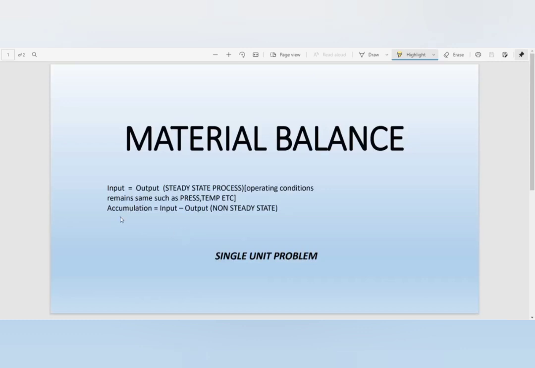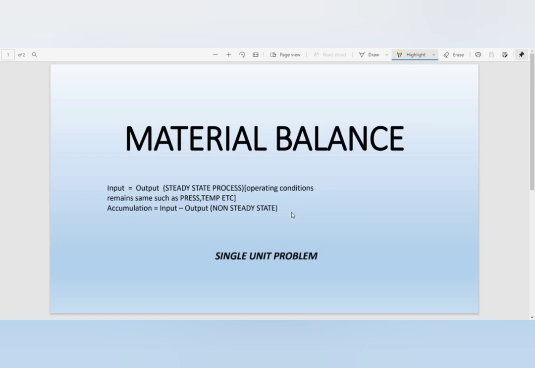Another equation for material balance is used for non-steady state systems, where temperature and pressure are variables and change with time or any other respective variable. For that case we would use accumulation equals input minus output.